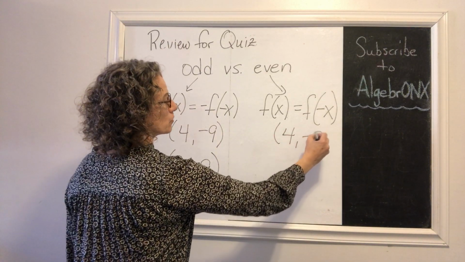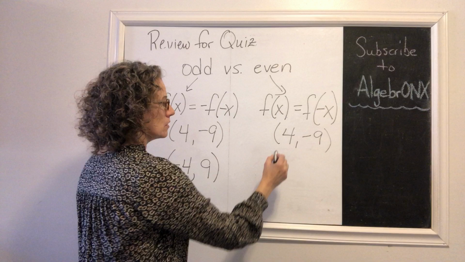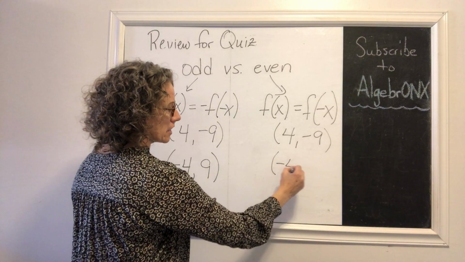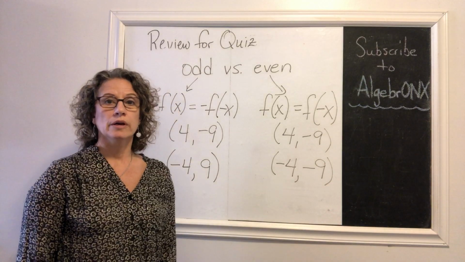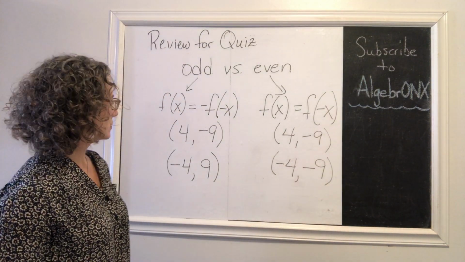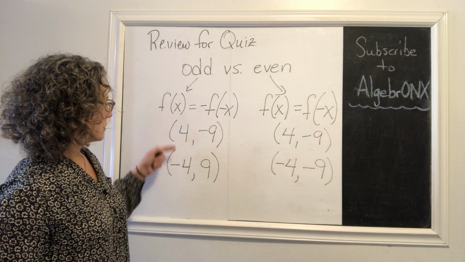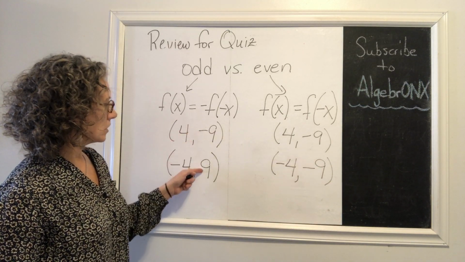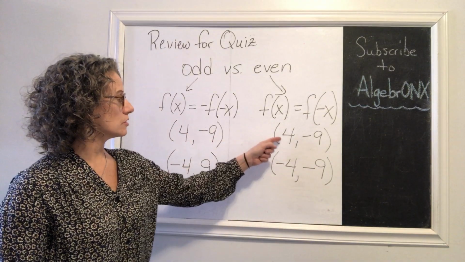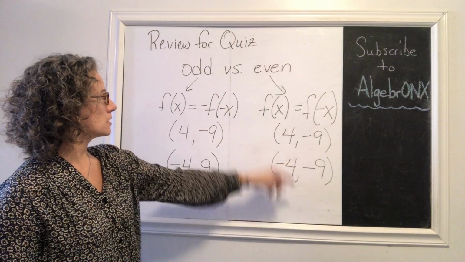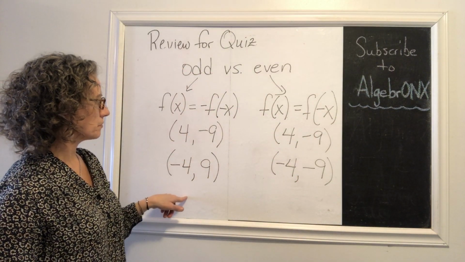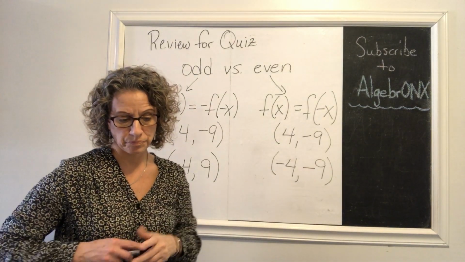If I have the point 4, -9 on the graph, then changing the x value will not change my y value, and it would stay the same. So see the difference. With odd, changing the x value negates the y value. With even, changing the x value keeps the y value. So even keeps it, odd changes it. That's the notation that you should know.